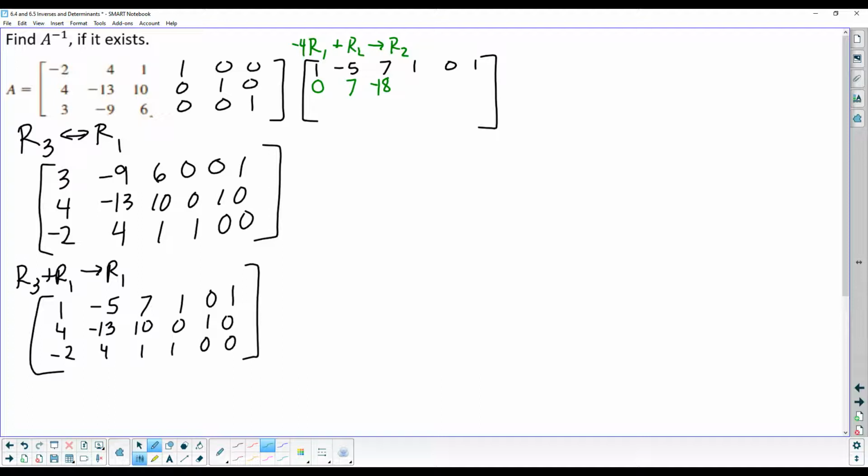This is a -4 plus 0. This is a 0 plus 1. This is a -4 plus 0, which is not a 0. That's a -4, sorry. I said it and I didn't write it.